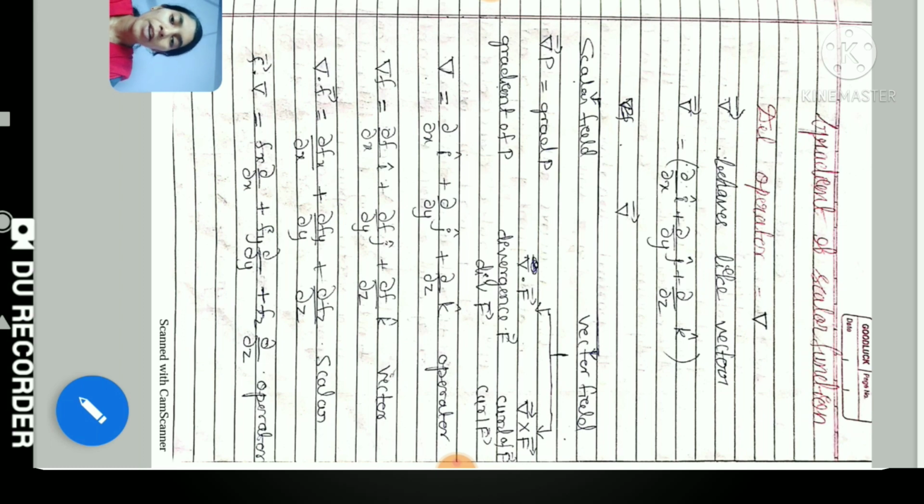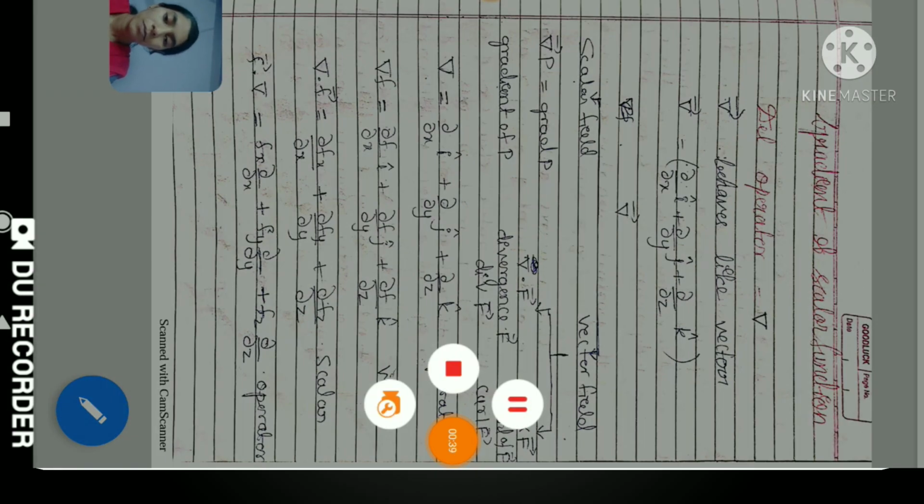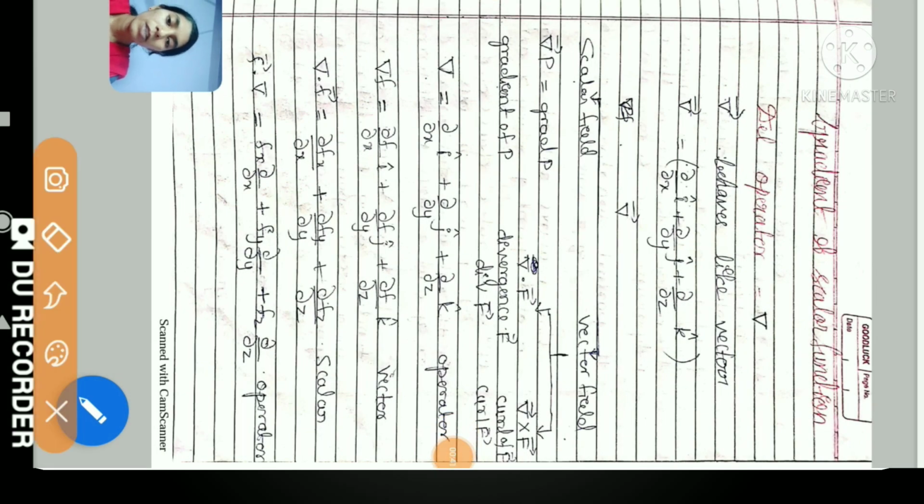Today we are going to study the gradient of a scalar function. Before going to this point, we will first see what the del operator is. The del operator is indicated by the reverse of a triangle.